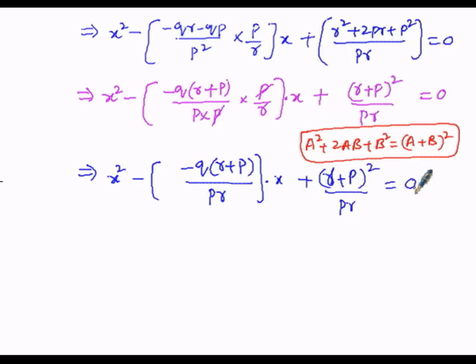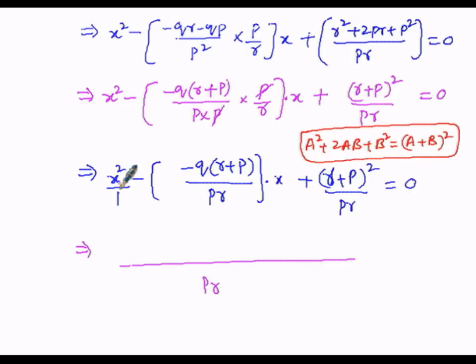Here we can write the denominator as 1, then that implies, here when we take the LCM for one, pr and pr, pr is the LCM.